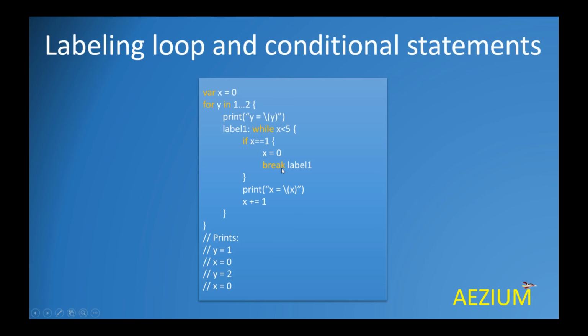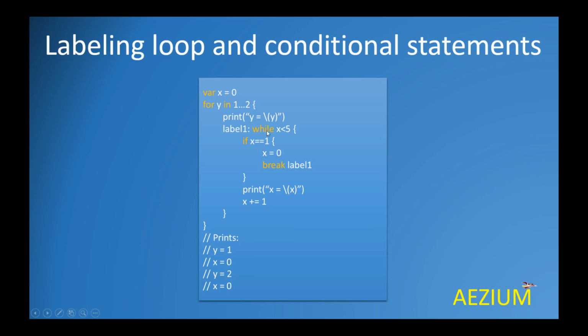So as a result of this we break out of the while loop which has label 1. So we come out of the while loop, but then we don't get out of the for-in loop, because break in this case only applies to the while loop. So in the second round of the for-in loop, y will become 2, we print it, and we again enter the while loop.